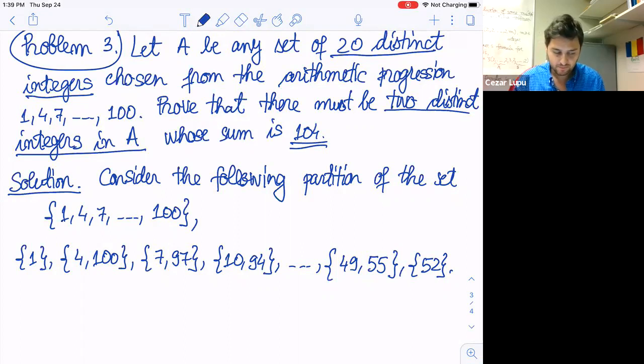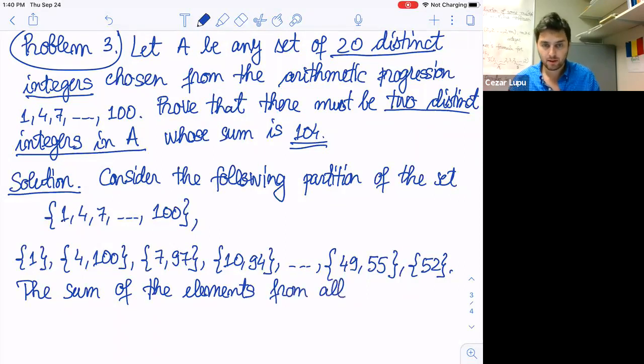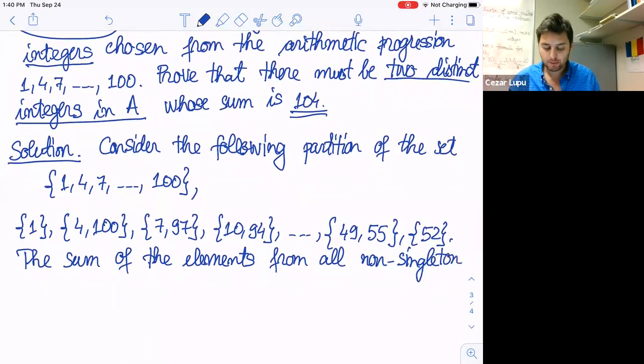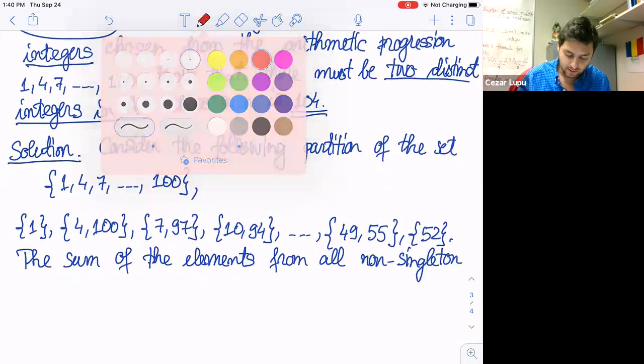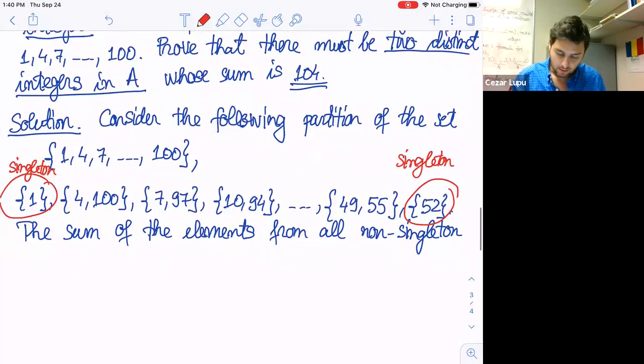The sum of the elements from all non-singleton sets, and I'm going to be clear here, non-singleton, so in this way I'm excluding these two singletons, and the same goes for this one.